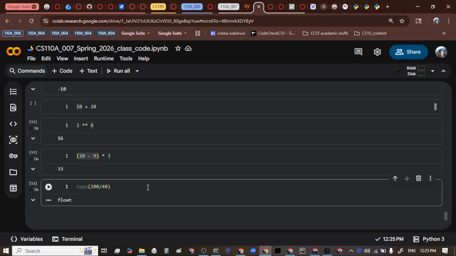Because it's a division, the resulting value is actually a floating point number.